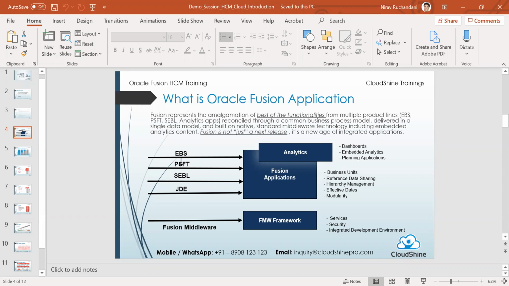We had PeopleSoft, which was acquired by Oracle around 15 years ago. We have Siebel, which was there for CRM, or relationship management related applications. We had JD Edwards, which was again an acquisition which Oracle had.